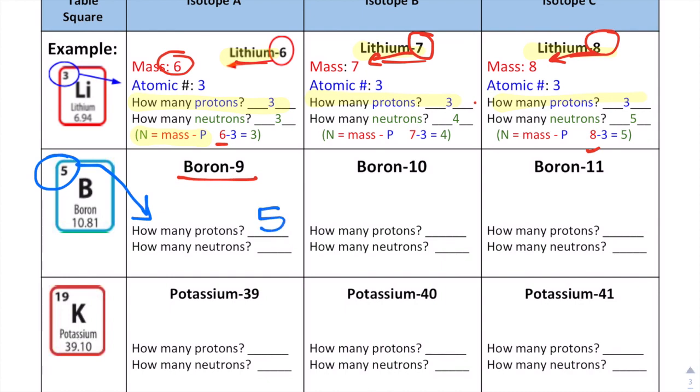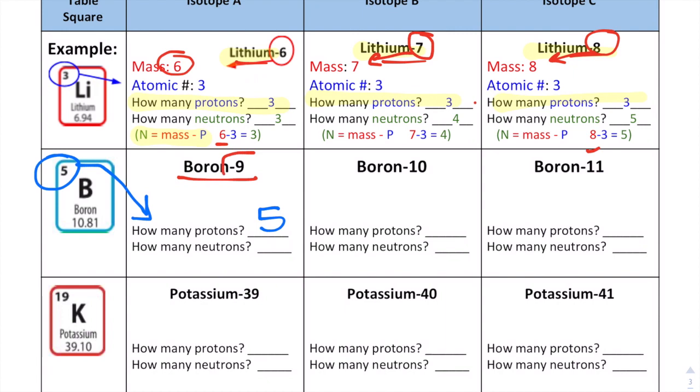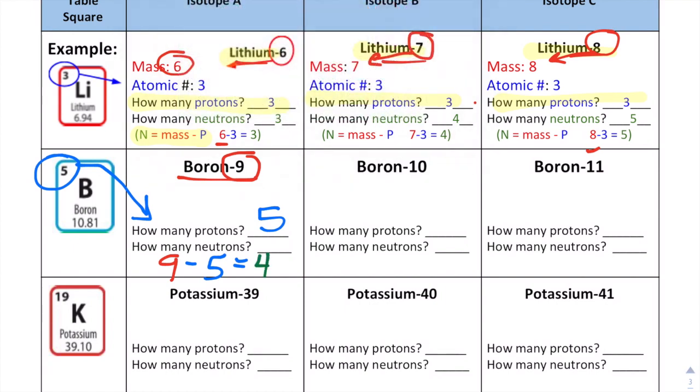And then to find the neutrons, I'm going to do the mass minus the atomic number. So boron 9 has a mass of 9. And then if I subtract the 5, 9 minus 5, that will give me the neutrons. So that is 4. I'm using different colors just so you can see it. So 4 neutrons on that one.